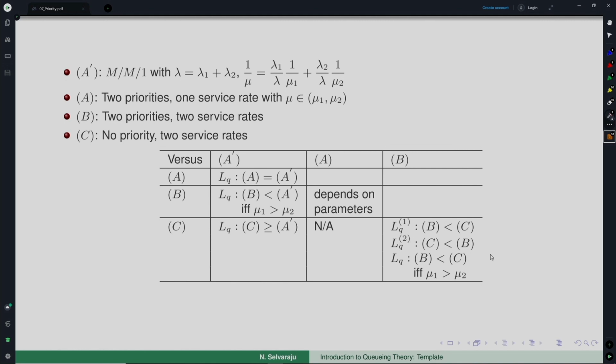Priority systems are difficult to analyze, but one can obtain certain mean performance measures, and from those mean performance measures you can draw certain conclusions for managerial purposes. That is otherwise the use of studying such models. By comparing these measures under different scenarios, you can draw some insights.